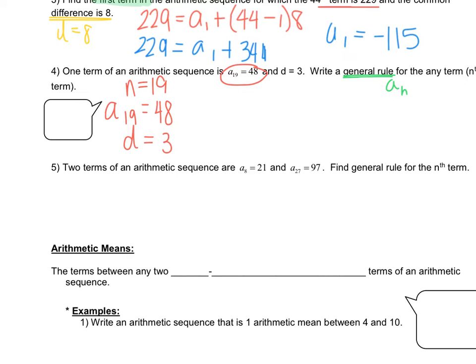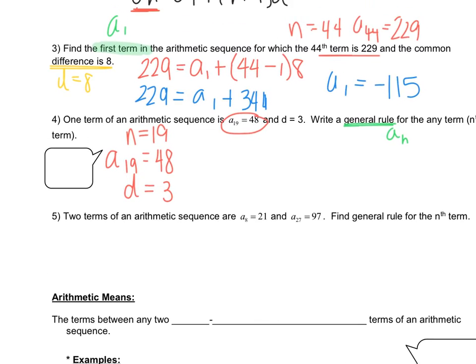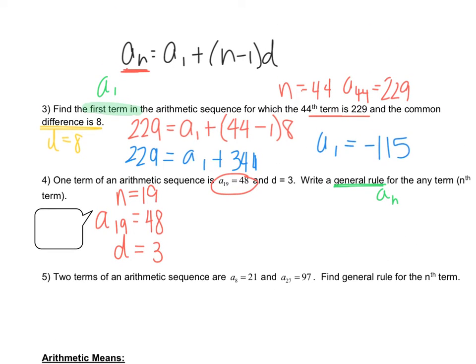Okay, so if we go back up into our formula up here, we're trying to find a sub n, so that means that we need to have pieces of information for all these other parts. Well, we have n is 19, we have d, and then we have that the 19th term is 48, but what we're missing to even start this problem is a1.